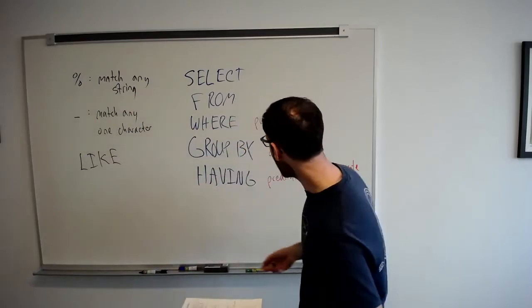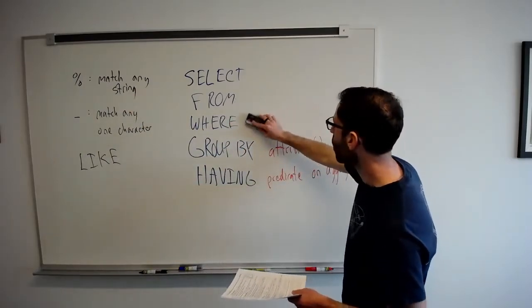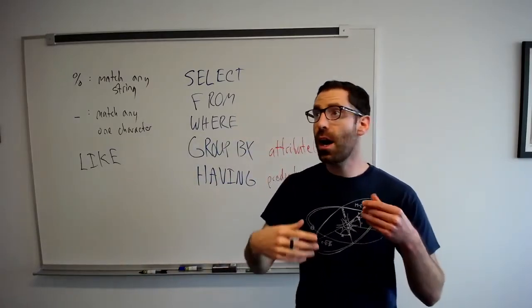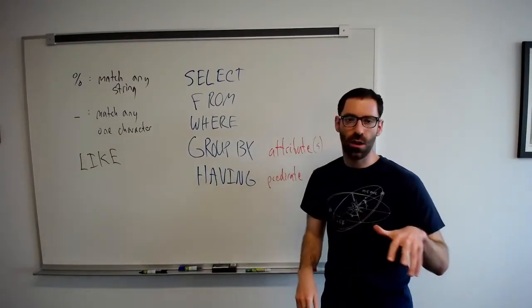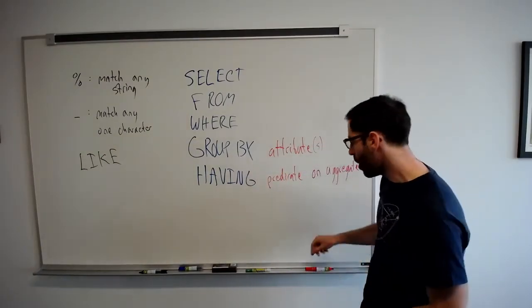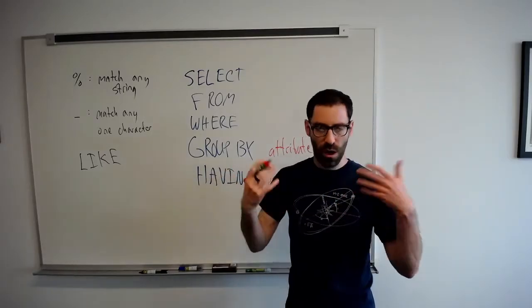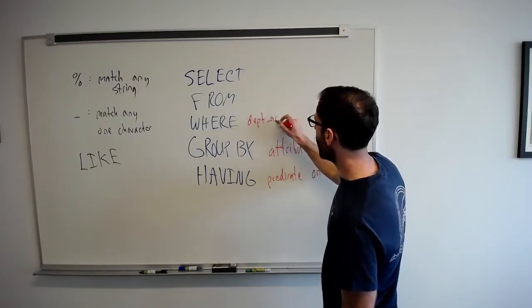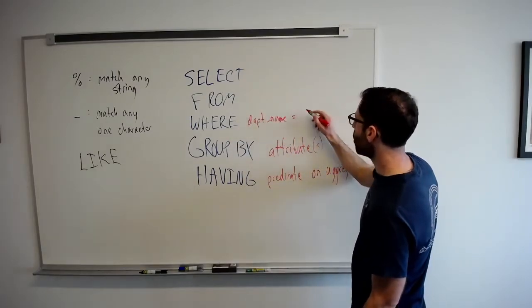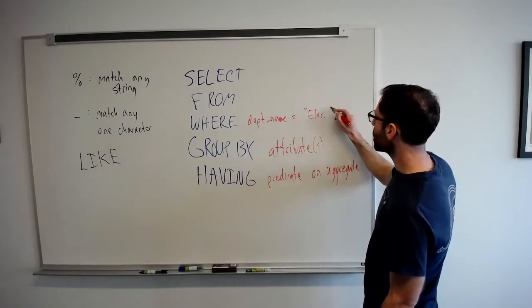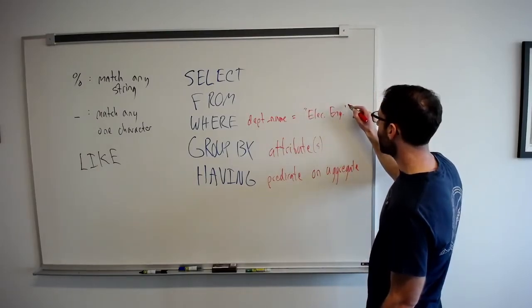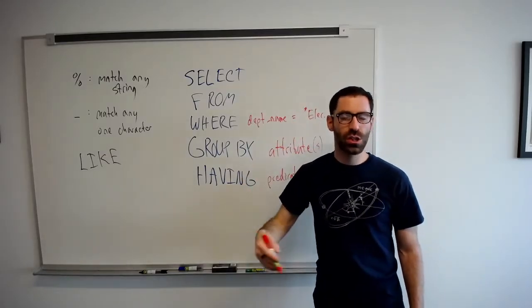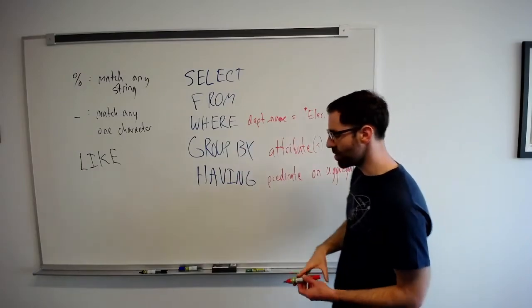So, for example, say in our where clause we wanted to filter by department names that are engineering. With our previous knowledge, we would have had to say department name equals electrical engineering, or department name equals mechanical engineering, and so on and so forth.